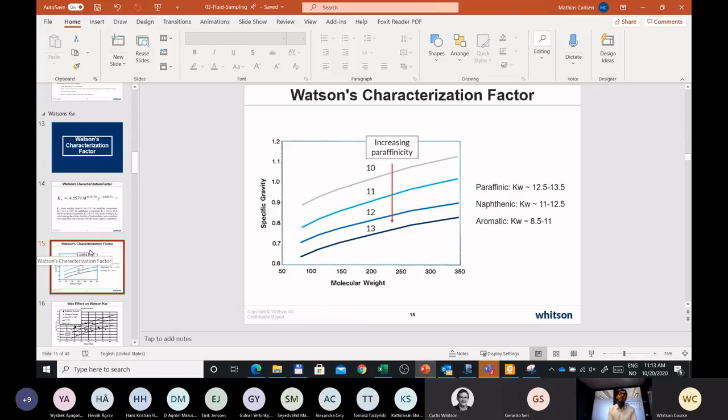And as you said, if you have an exploratory well and you haven't done those measurements, then you have only very limited data. For example, on this plot, you may have just 1 or 2 samples to come up with a characterization factor value, and then you are just assuming that this correlation works fine on these ranges of molecular weight that you don't know.